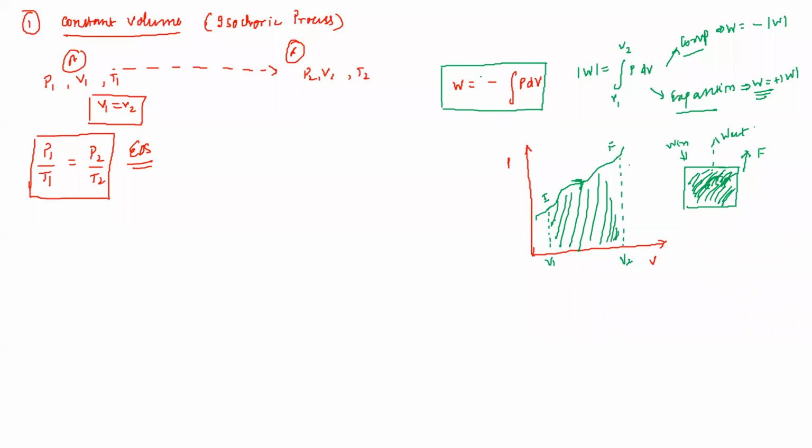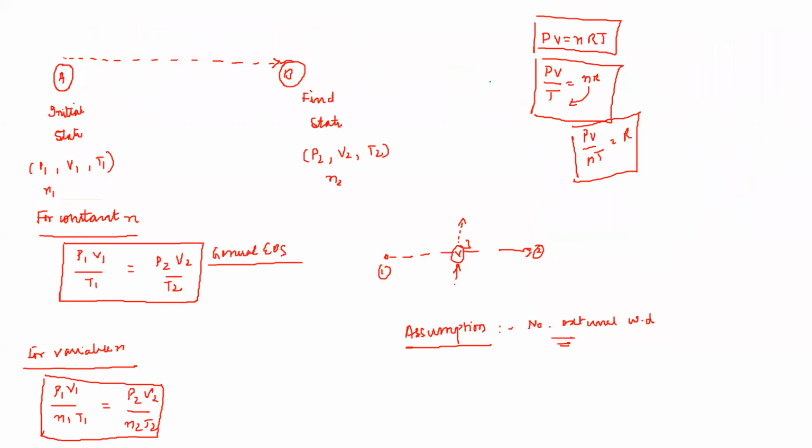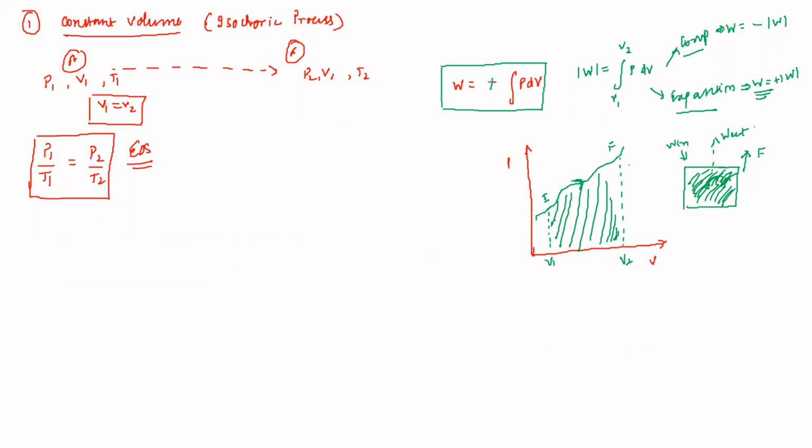Okay, so don't get confused with this formula, minus integral PdV. It's usually plus, according to the sign convention that we are going to follow. I just gave this formula because in certain books you might see it as minus integral PdV, so you might get confused. But once we solve problems and discuss them, we'll be more clear.